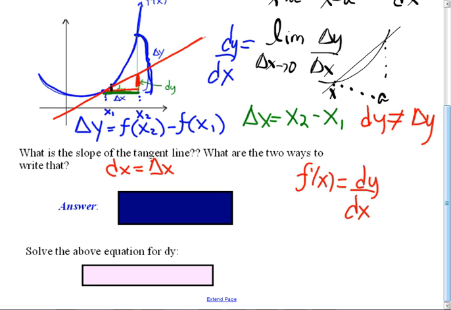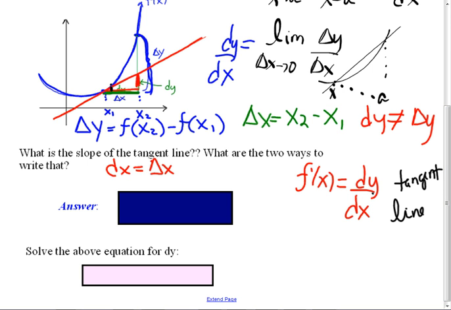Okay, so if I think of the slope of my tangent line as dy over dx, this takes on a new meaning. This is the change in y on the tangent line. Now I'm thinking of this as increments on the tangent line. That's the y, that's the x. That means those are just numbers. Can I solve this equation for y?